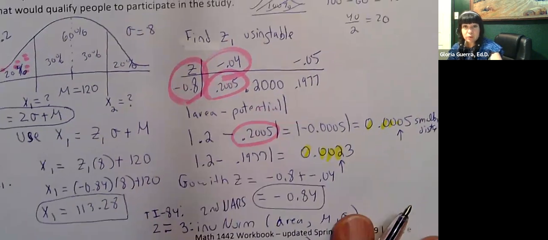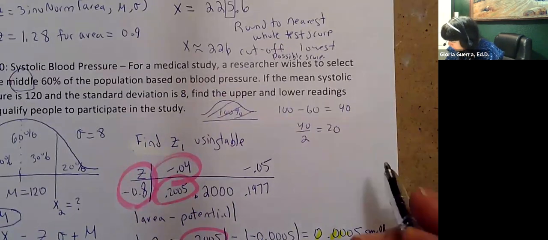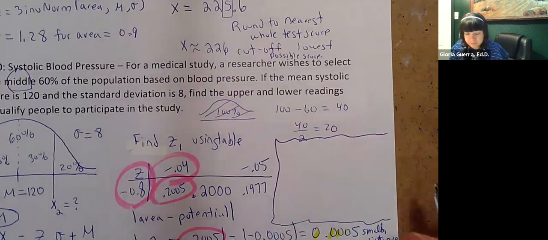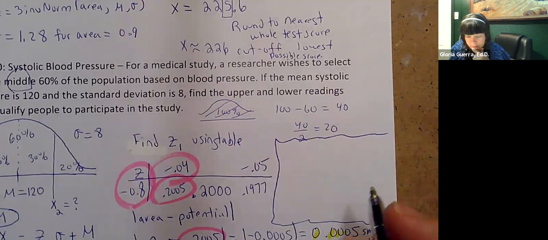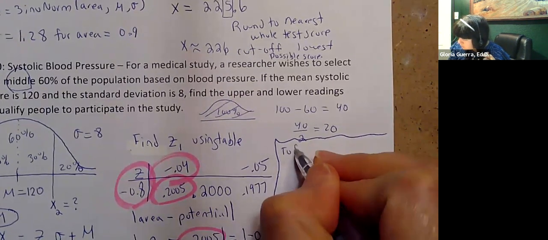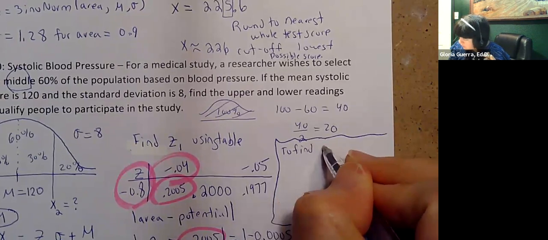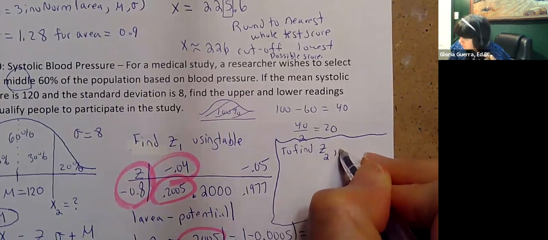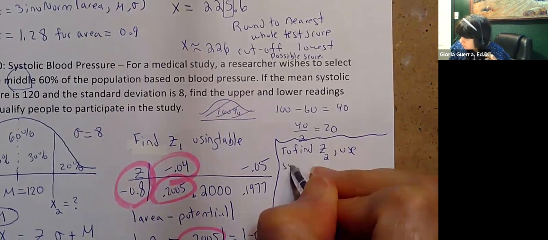Now, I'm not sure where I'm going to write that because I don't really have too much room, but I guess I can squeeze that here. And I can say, to find z sub 2, you're going to use symmetry.